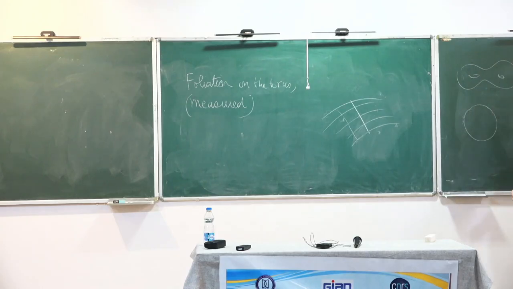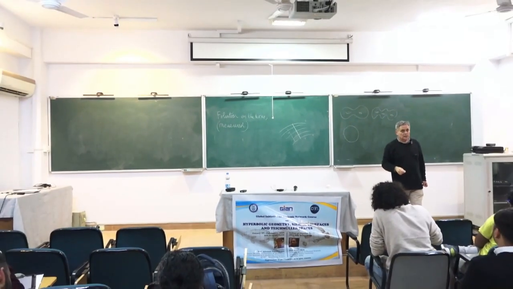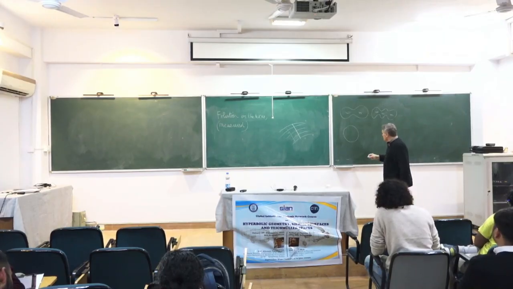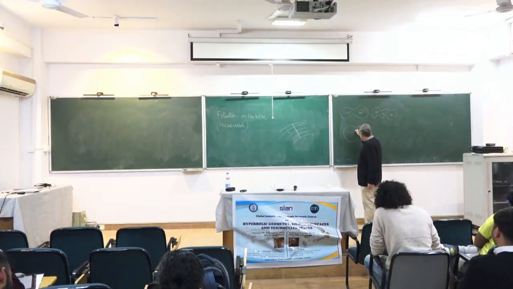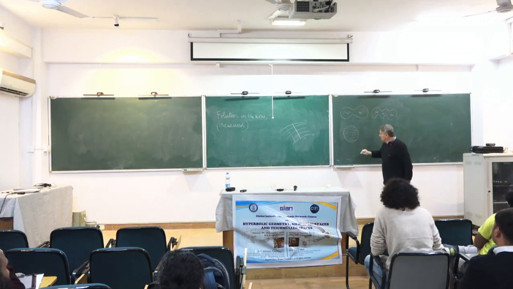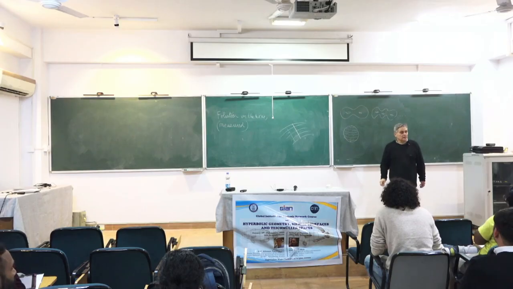Can I draw a foliation of the sphere? Yes. So your friend is telling me, okay, this is, but is this? And then what do I do here? But sir, it is not measure preserving, right?